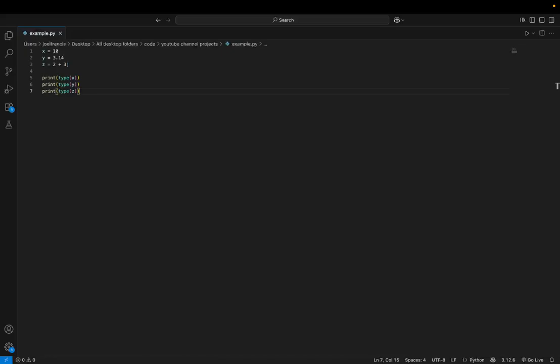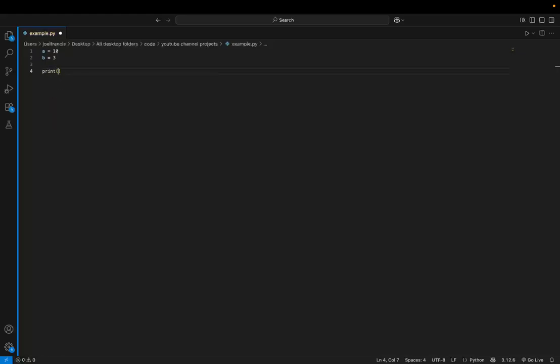Here's some example code with these operations. Let's say a equals 10 and b equals 3. Then we'll print these different math operations.